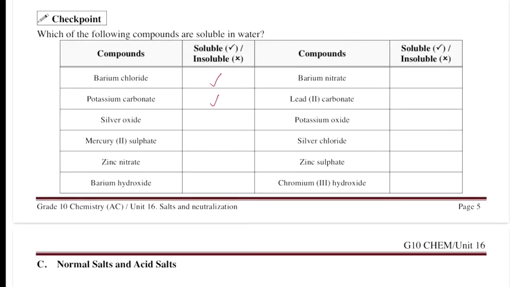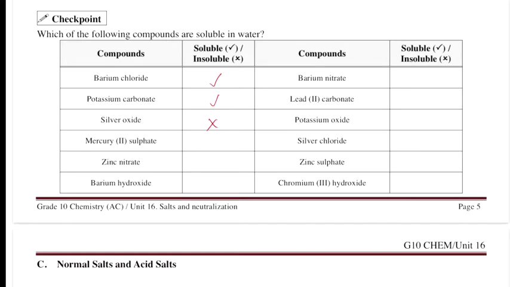Next one, silver oxide. For metal oxides, you need to remember only group 1 metal oxides and barium oxide are soluble, and calcium oxide is slightly soluble. So silver oxide must be insoluble. Next one, mercury 2 sulfate. For the sulfate ion, you need to remember 4 special cases.